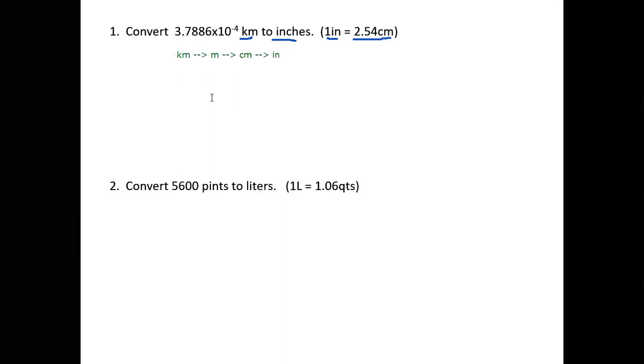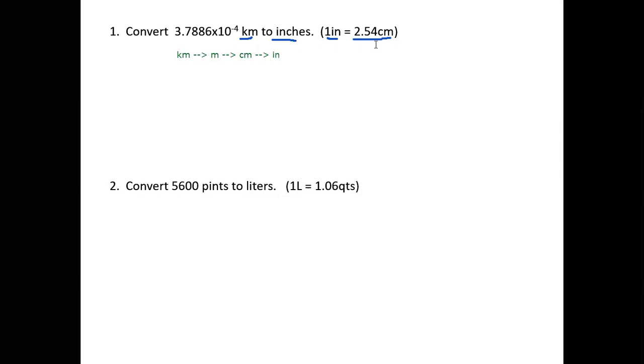Now bear in mind when you do this type of problem, there are multiple routes to take to get to the final answer. So if you go a different route and we get to the same final answer, no problem. So we're going to go from kilometers, we're going to find meters. From meters, we find centimeters. And then finally, from centimeters, we'll get inches.